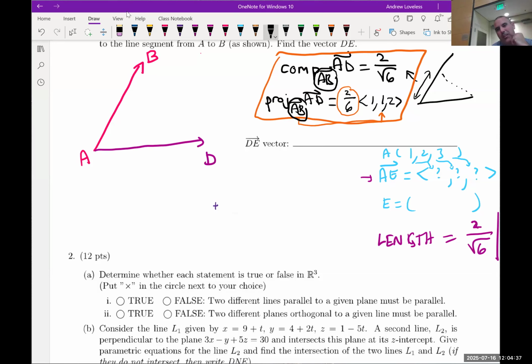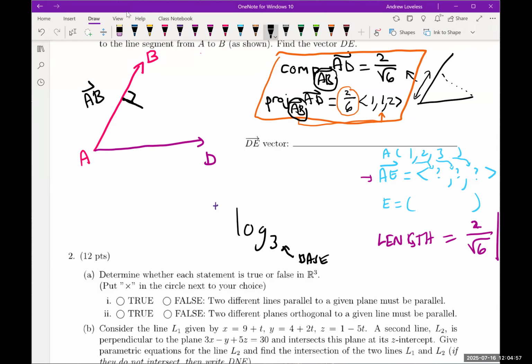Kind of like when you talk about log base 2 or log base 3, how we put the number down here. That's the base, or think of it as the ground. So when I say AB in the bottom, that's the ground. That's where the perpendicular is. Okay, so whatever has the perpendicular angle on it, that's what you're projecting onto. That is the base. Okay. Yep.